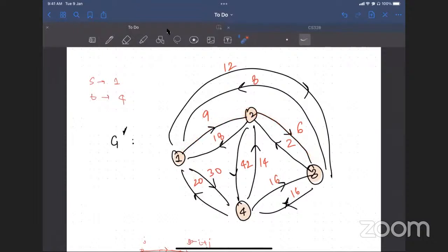So this basically has all the information of all the possible permutations. You stop at 2 or probably stop at 3, then you stop at probably 1 again, and then go to 4. So all the possible ways of reaching from 1 to 4 and all the possible permutations of fueling at any vertex can be captured using this graph. Is this statement clear? Why this graph is so powerful?